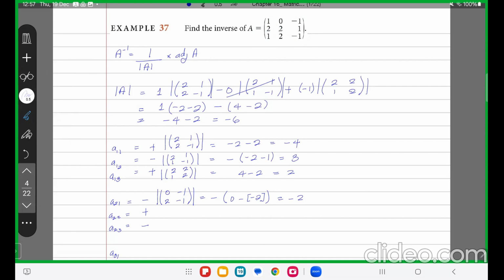Second row, second element, 1, minus 1, 1, minus 1. This is minus 1, minus, minus 1. Looks like 0.